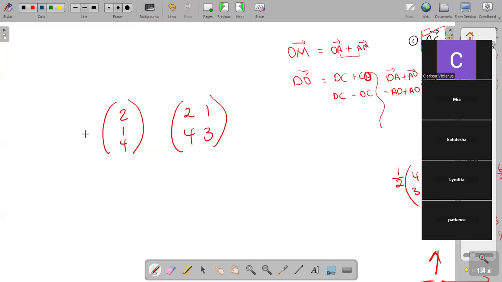Which number comes first always, guys? Rows by columns. How many rows do you have? This is 3 rows. How many columns do you have? 1. So this is a 3 by 1, okay? For those who mix it up, I hope you see and understand, so you can try not to make that mistake again. And then this one is a 2 by 2.